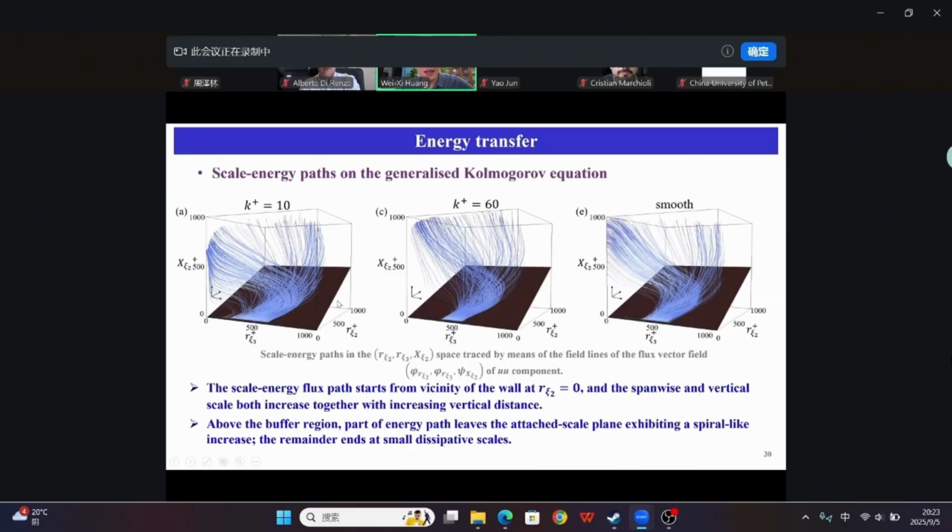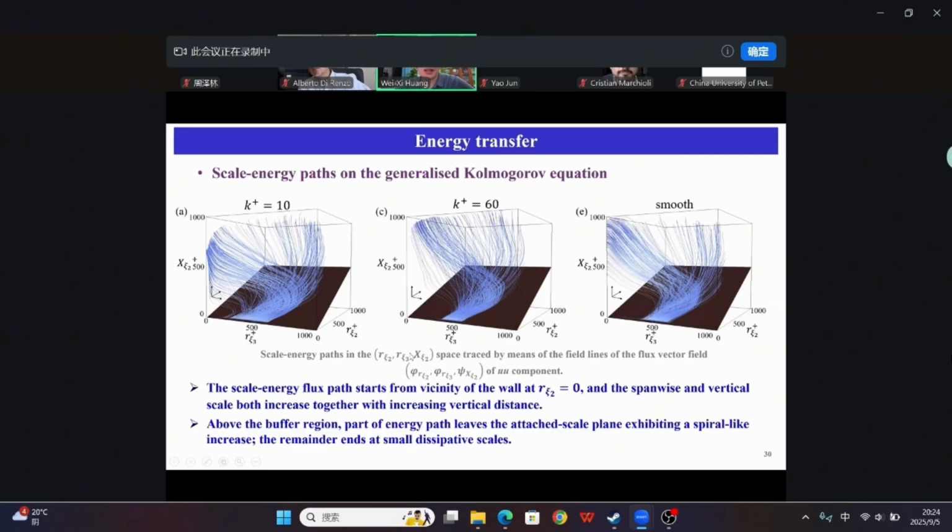Then we can plot the energy transfer path from the wall. This is the vertical position, and this is the scale, and from the wall it will go up, and this is the attached plane. This is the typical inverse energy cascade from the wall to the outer layer, and then to the small scale into the dissipation scale.